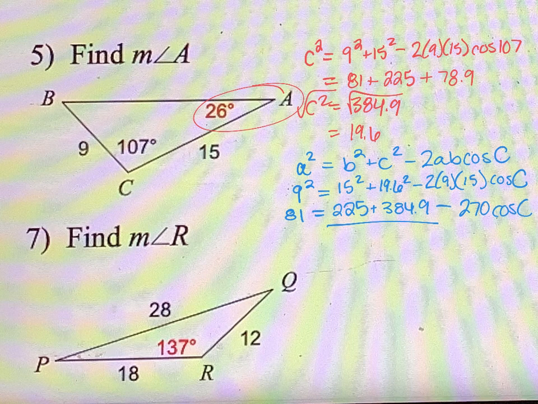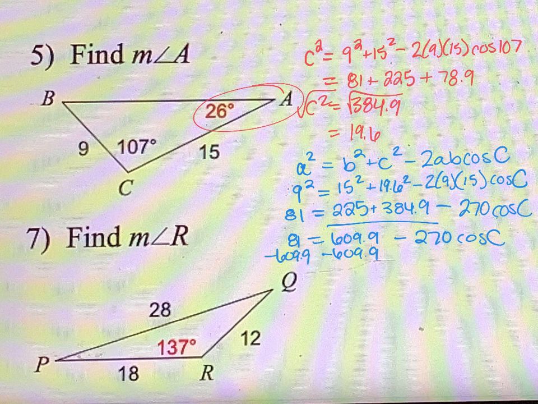Might help if I put the right sign between them. So then that gives us 81 equals 609.9. And then we're going to subtract that over. So 81 minus 609.9. And then divide that by negative 270. Oh, I guess that gives us negative 528.9.